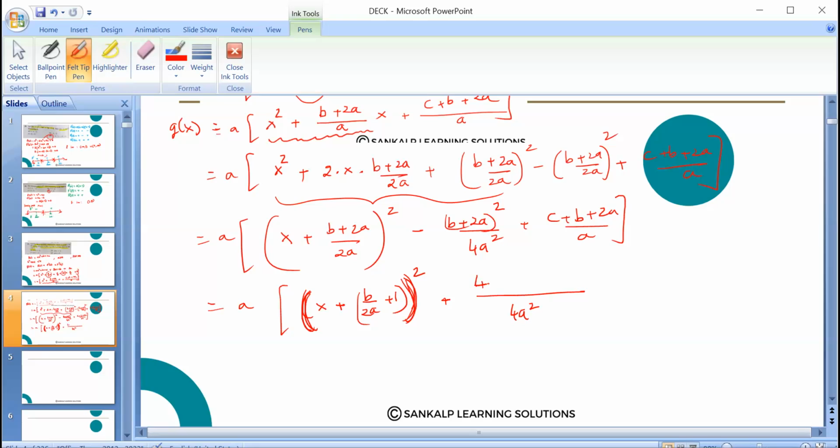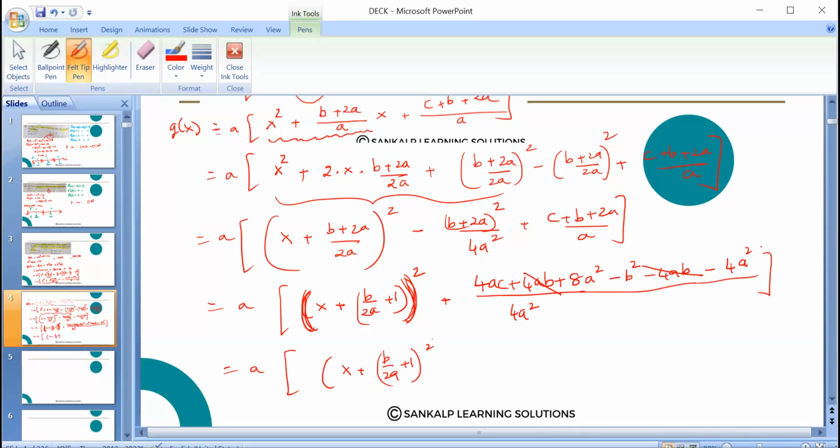So I have to multiply 4A: 4AC plus 4AB plus 8A square minus B square minus 4AB minus 4A square. 4AB and minus 4AB will cancel. Left is A into X plus B by 2A plus 1 whole square plus 4AC minus B square by 4A square plus 4A square by 4A square, which is 1.